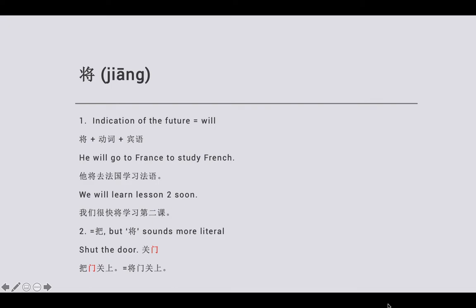Last week he asked about the usage of 将, and actually to make a quick summary, there are 2 usages that we have learned so far. The first one is an indication of the future. It equals will in English, and to use it, you can simply put 将 plus the verb plus the object.